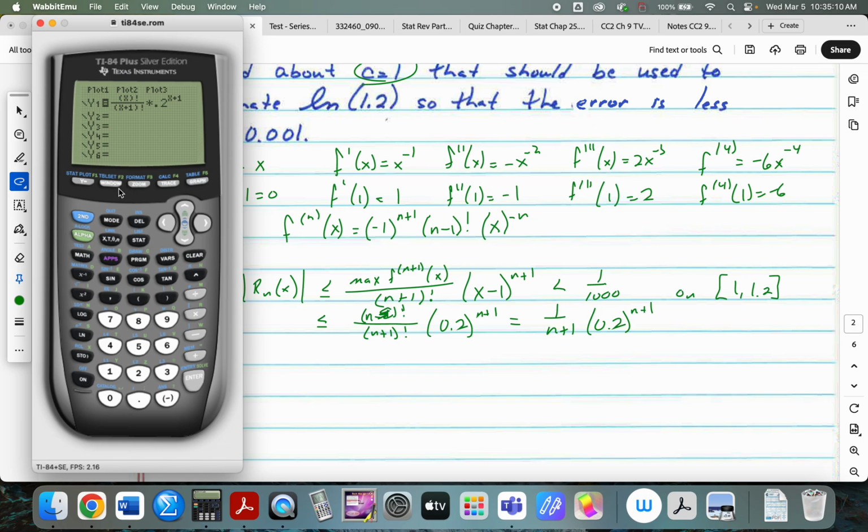if we set up our table to go by ones, it's probably already set. Here we go. So we want n to be equal to 3.